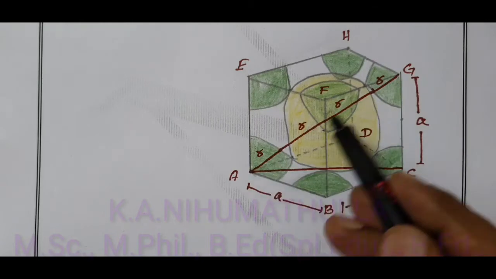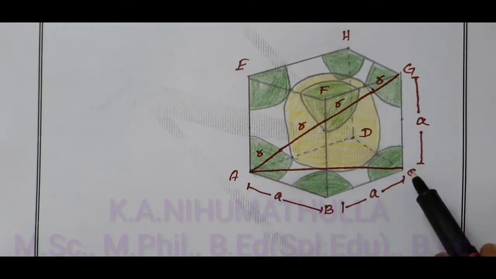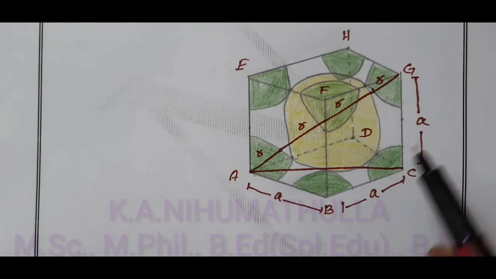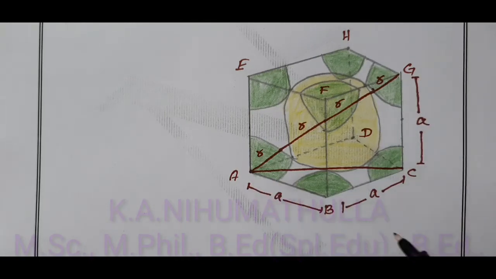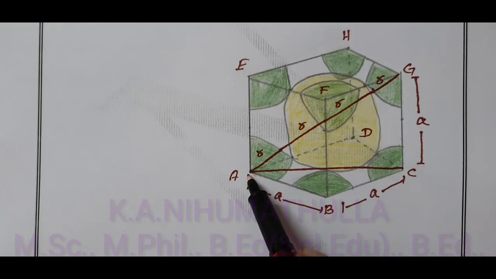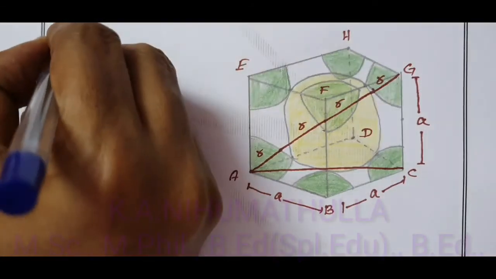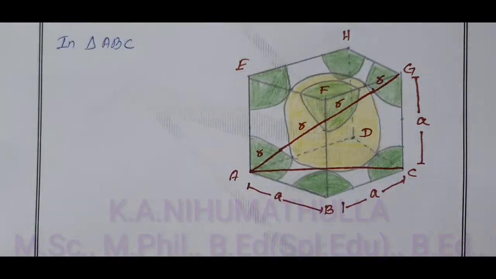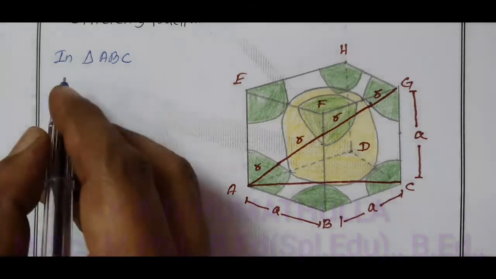AG squared equals AC squared plus CG squared. The CG value we know, but we don't know the AC value. To calculate the AC value, first this triangle is taken. What triangle? Triangle ABC. Apply the Pythagoras theorem.